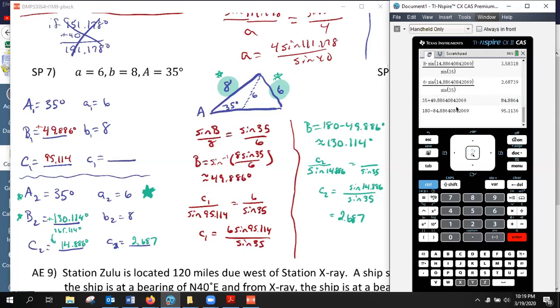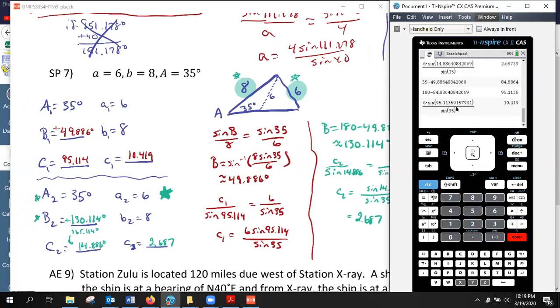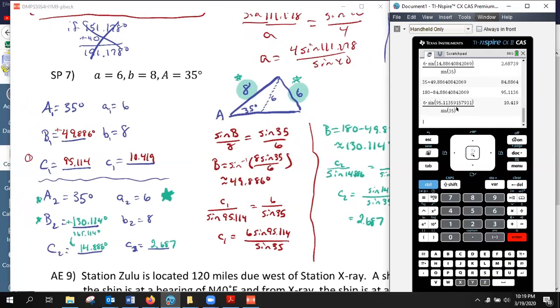Throw that into the calculator. 6 sine of solution divided by the sine of 35, 10.419. And doing a quick check in triangle number 1, I have the largest angle here with the largest side. I have the medium angle here with the medium side. And I have the smallest angle here with the smallest side.